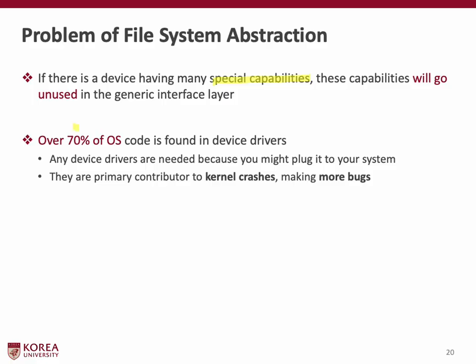In fact, more than 70% in many systems. And device drivers are often a major cause of critical bugs and system crashes because they are written for many different types of devices by different vendors. Nevertheless, abstraction provides many benefits for I/O device management. So the operating system still heavily relies on abstraction.